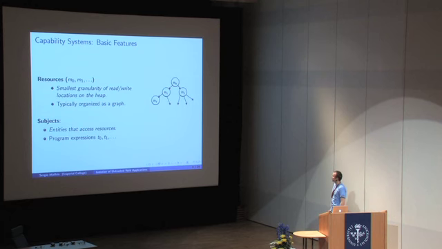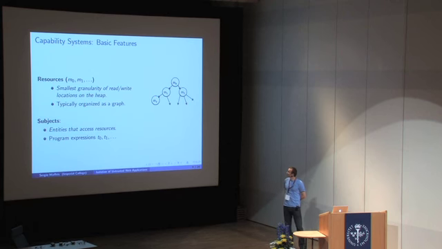So the basic features of our capability systems: first of all, we have to define what the resources and the subjects of the system are. This is similar a bit to the ABC of access control. The resources are the smallest possible things in a language that can be either read or written or executed. In particular, in the JavaScript model, we focus on read-write permissions of memory locations.